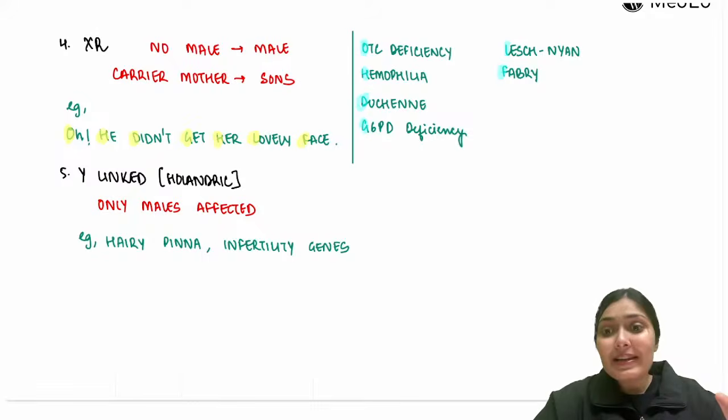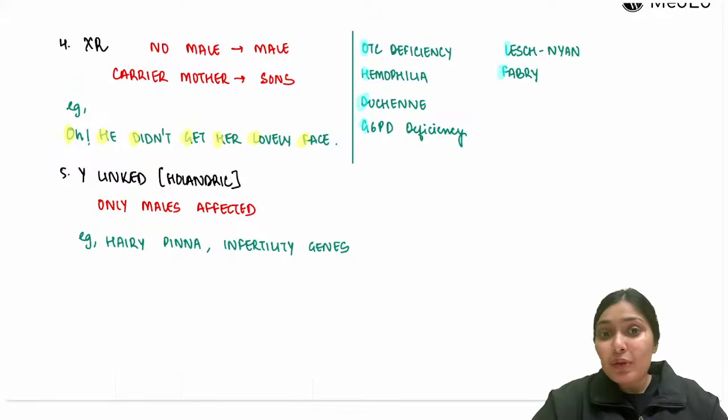So for X-linked, the rule is no male to male transfer, because father is only going to give Y chromosome, not X chromosome to the male baby. So in both X-linked dominant and recessive, remember, no male to male transfer would be there. But in X-linked dominant, father is giving to all the daughters, and in X-linked recessive, carrier mother is going to give it to all the sons.